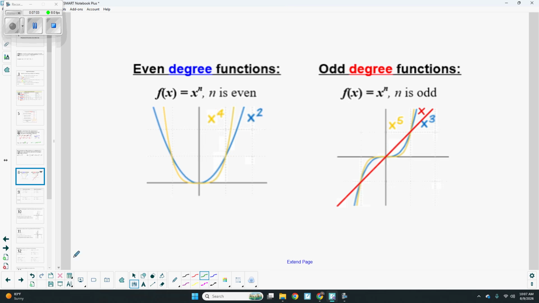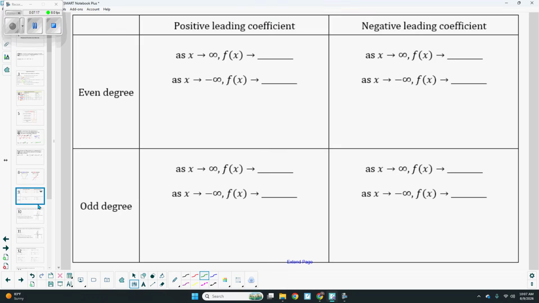Even more than that, we can tell if they're both facing down or both facing up, or if it's going up from left to right or down from left to right, by also using the leading coefficient, if it's positive or negative. So let's make a little chart here: a positive leading coefficient, a negative leading coefficient, even degree, odd degree.